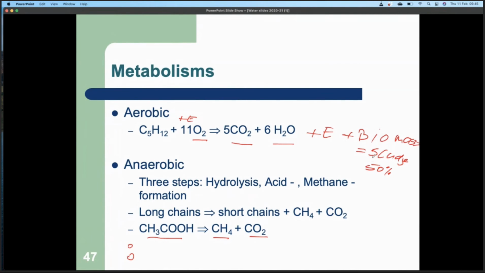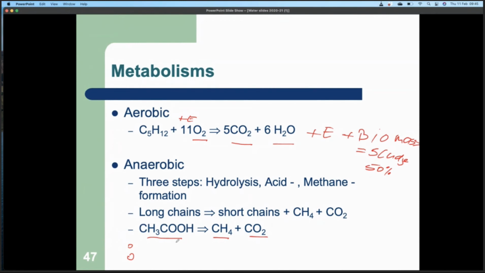And about 50% of the energy, maybe 45, is converted into sludge. So aerobic treatment on the face of it is actually not very good, because you need to add energy, cost, carbon to make the process work. And all that you're achieving is that 50% of the BOD is reduced, and the other 50% is converted to sludge. So that's a lot of effort for something that's only 50% efficient.